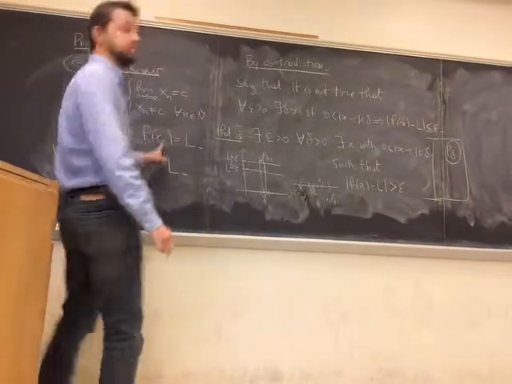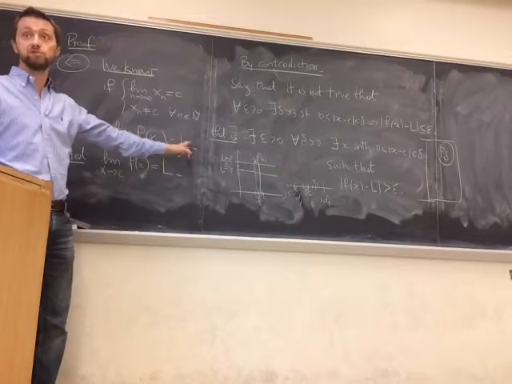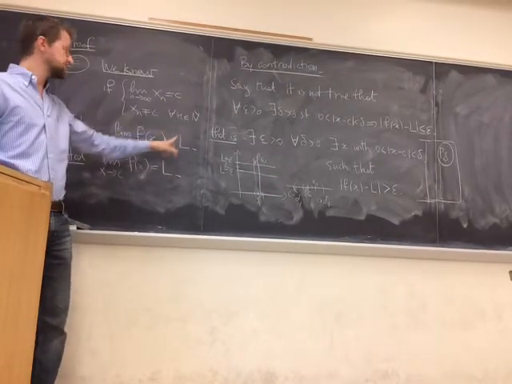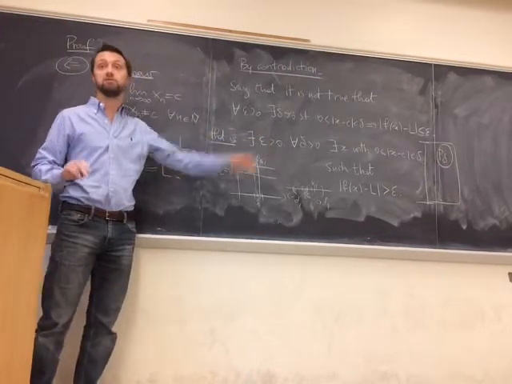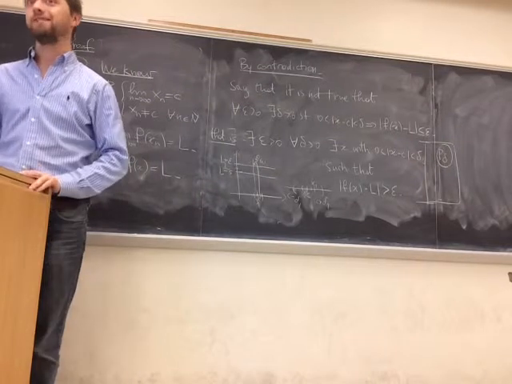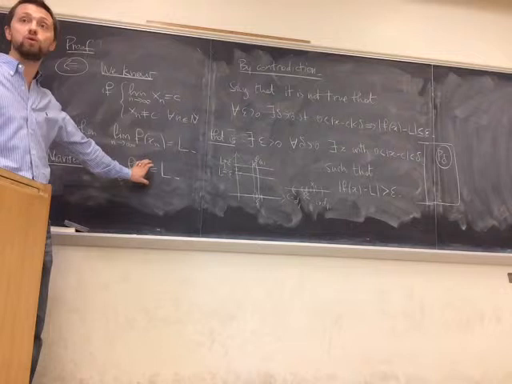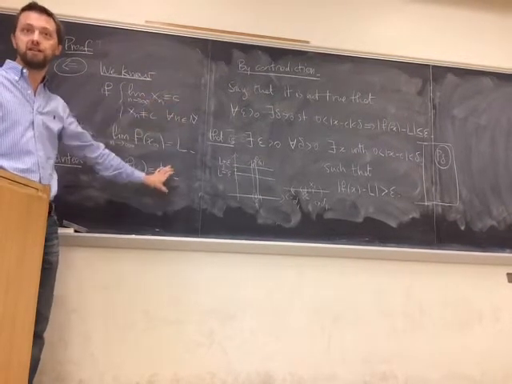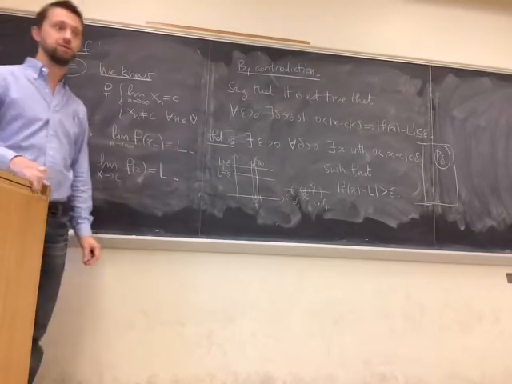Well, the contradiction is that by assumption, if I have a sequence that goes to C, then the sequence has to go to L. Now I'm going to construct for you a sequence which goes to C, such that f of xn minus L is always larger than this fixed epsilon, and so it cannot converge to L. So I'm telling you that if this doesn't hold, that doesn't hold, which means that if this holds, this has to check. It's a usual contradiction argument.